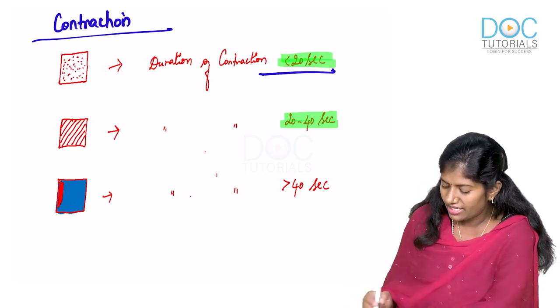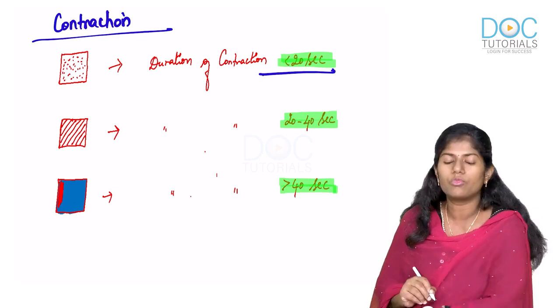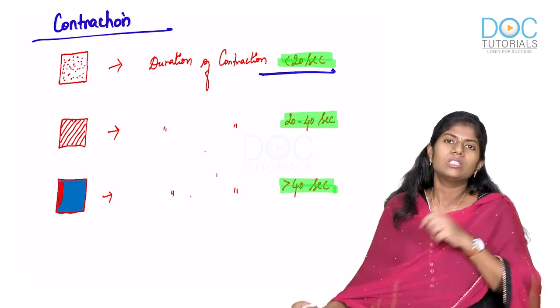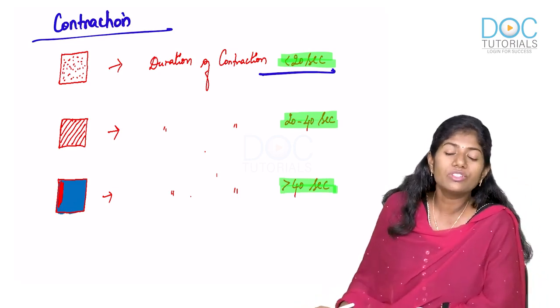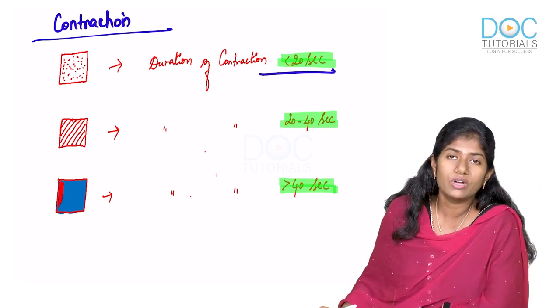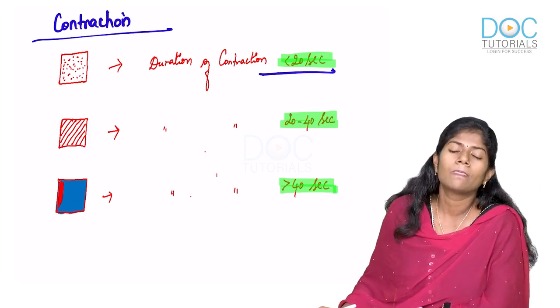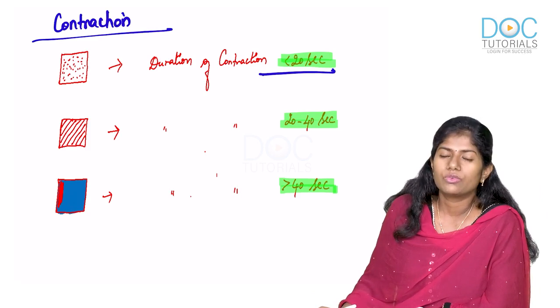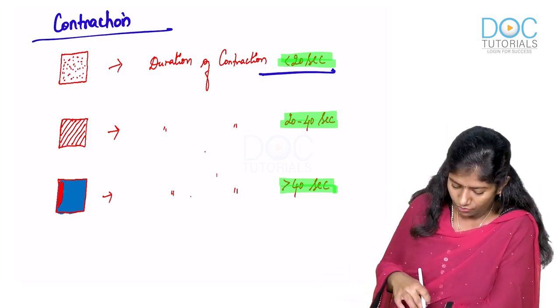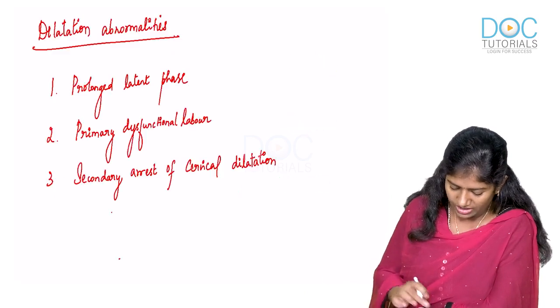And if it's fully shaded, the contraction lasted for more than 40 seconds. So dots mean less than 20 seconds, stripes 20 to 40 seconds, and full shading more than 40 seconds.